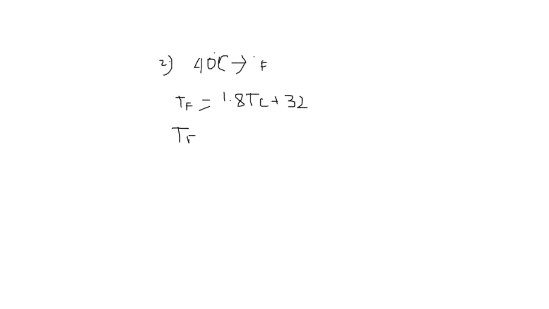So, what we're going to do again is substitute the temperature in Celsius, and then just do the math. Let's just plug it in our calculator. So 1.8 times 40 plus 32 is 104 degrees Fahrenheit. So this is 40 degrees Celsius in Fahrenheit.